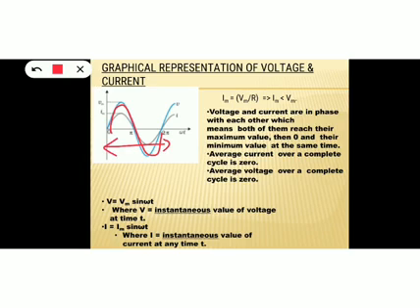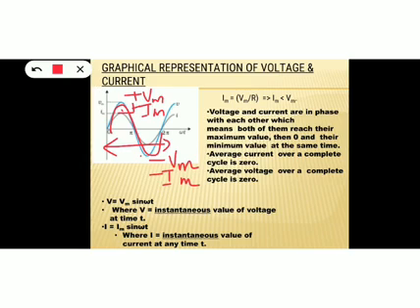So for the first cycle, this is the positive cycle, the value of voltage will be plus Vm. And here for the negative cycle, the value of voltage will be minus Vm. Similarly, the value of current will be plus Im for the positive cycle. But for the negative cycle, the value of current will be minus Im.